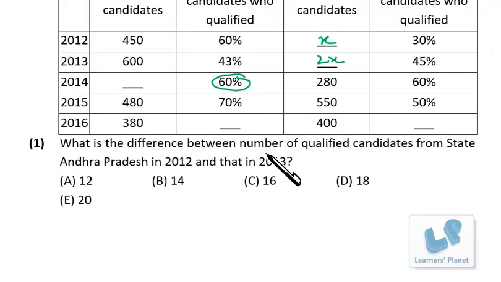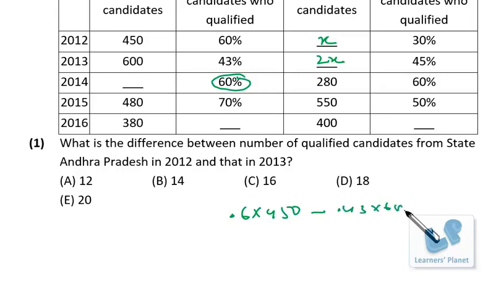What is the difference between the number of qualified candidates from Andhra Pradesh in 2012 and in 2013? In 2012 the appeared candidates were 450 and qualified is 60%. So the difference is 0.6 of 450 minus 0.43 into 600, maybe negative, maybe positive.